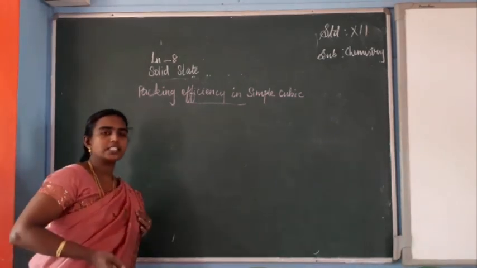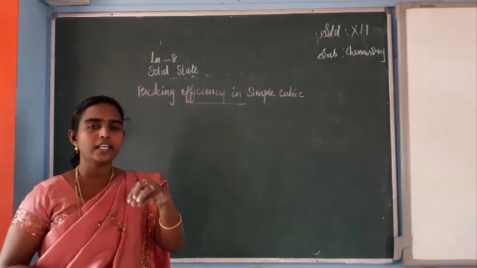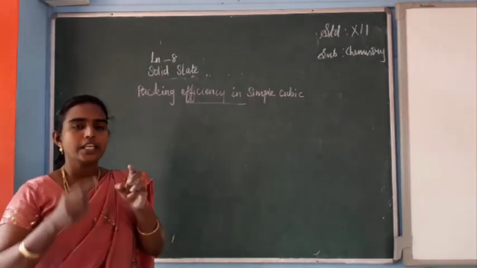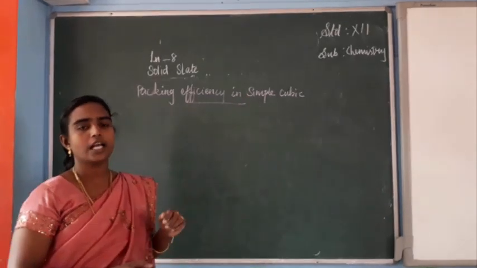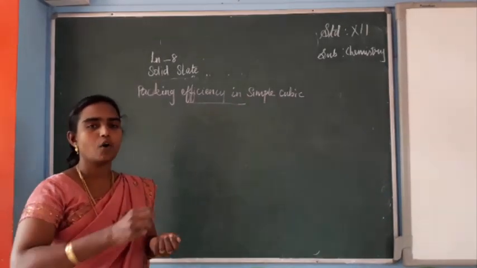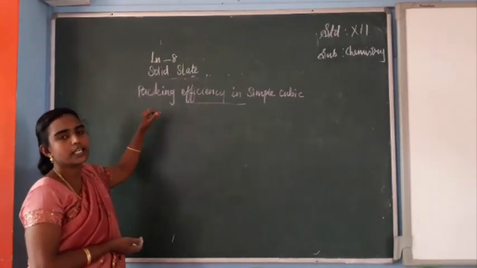Packing efficiency is equal to the volume of spheres occupied in one unit cell times the number of atoms present in a simple cubic arrangement, divided by the volume. It will give the packing efficiency in simple cubic arrangement.